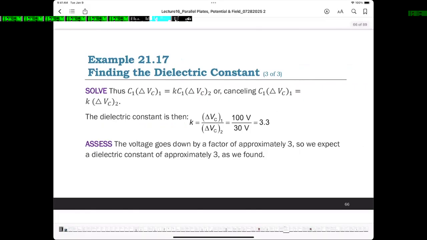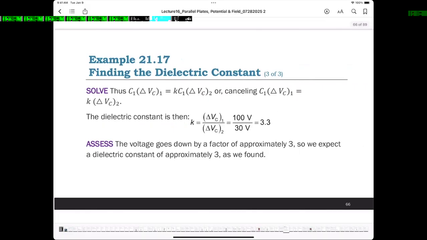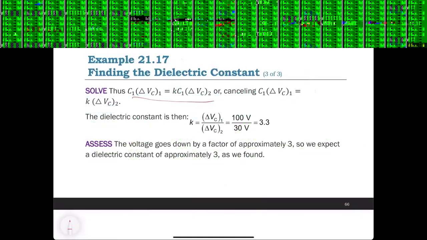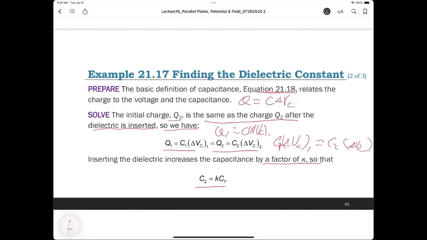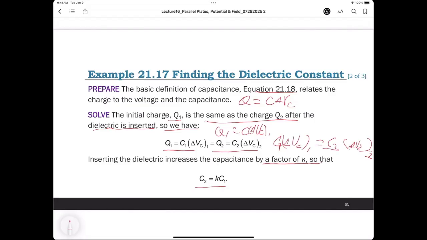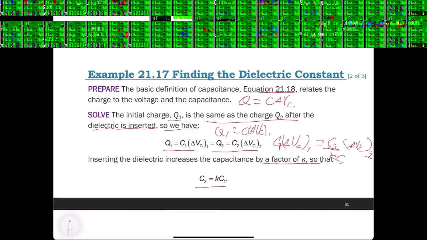Since Q1 equals Q2, C1 delta VC1 equals C2 delta VC2, and C2 equals K C1. So then we get C1 delta VC1 equals K C1 delta VC2.